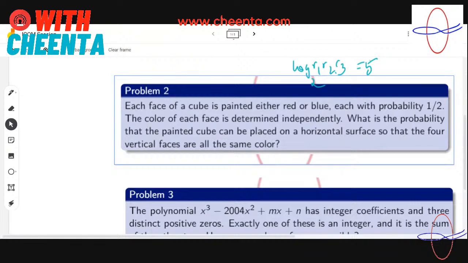So, how will you approach this problem, guys? Imagine. How many possible colorings are there for the cube? That's a simple question.